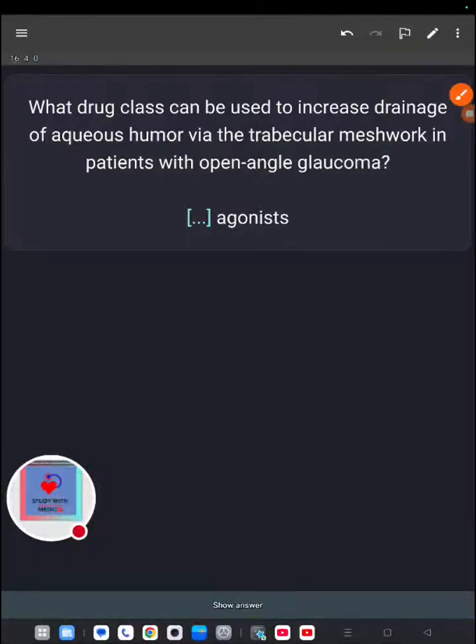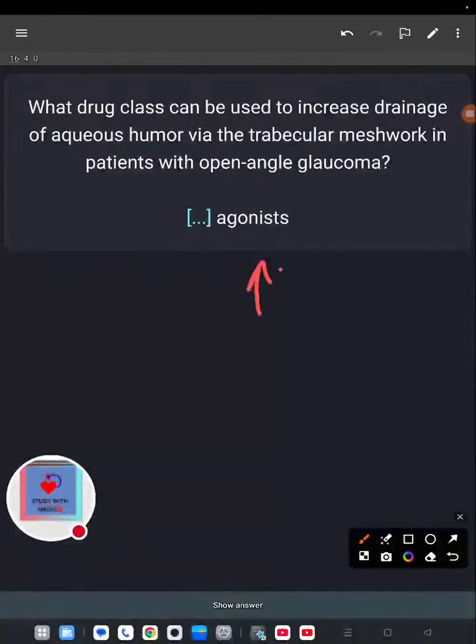What drug class can be used to increase drainage of aqueous humor via the trabecular meshwork in patients with open angle glaucoma?